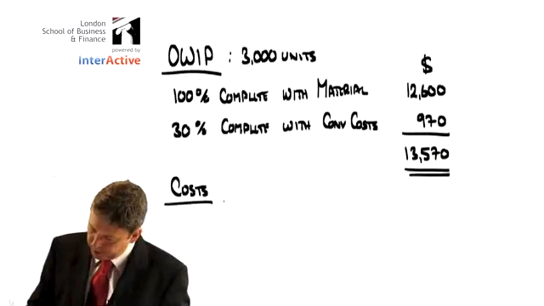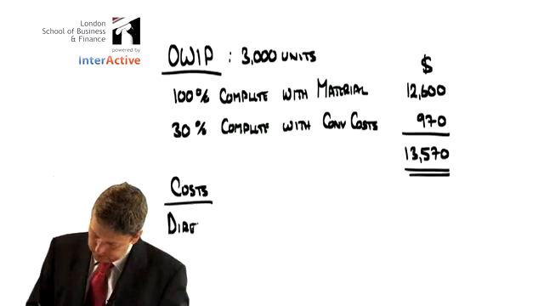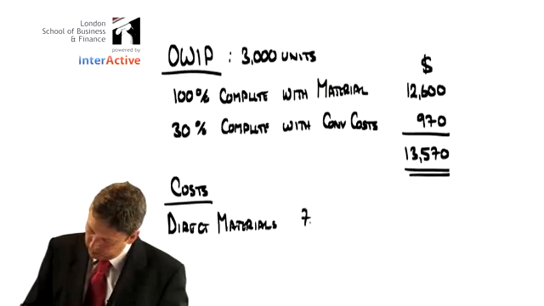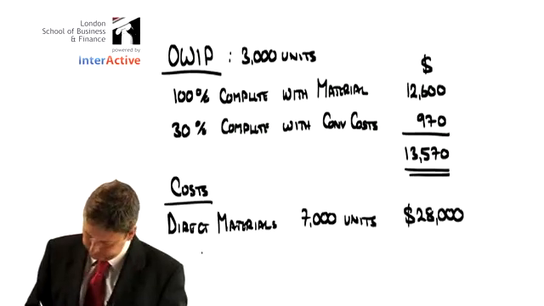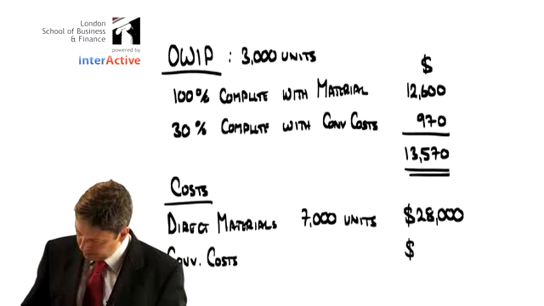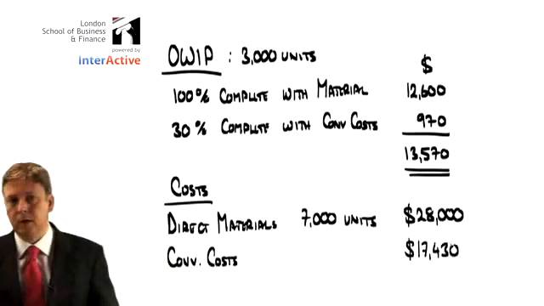Costs during the period. Direct materials, 7,000 units, $28,000. And our conversion costs, $17,430.